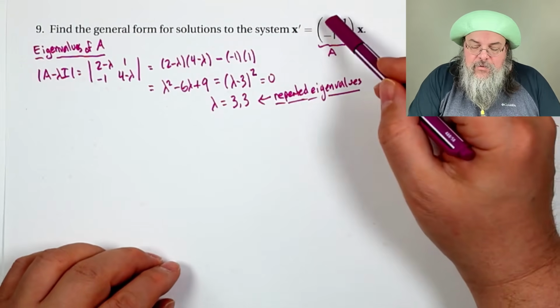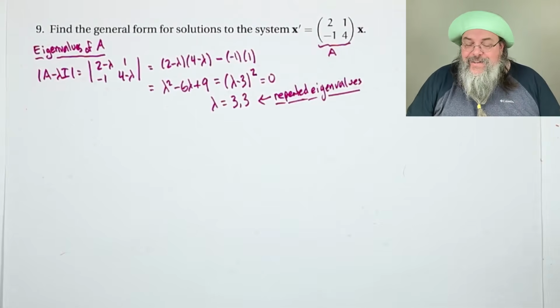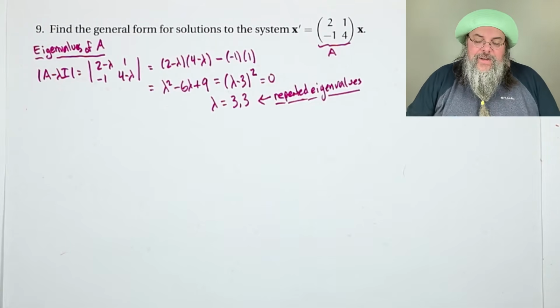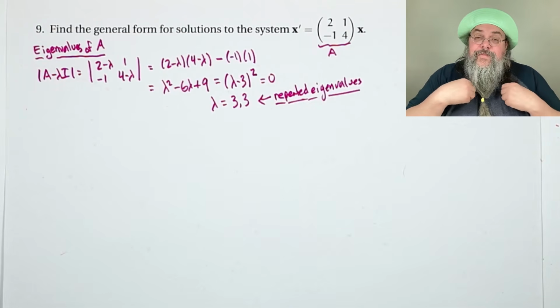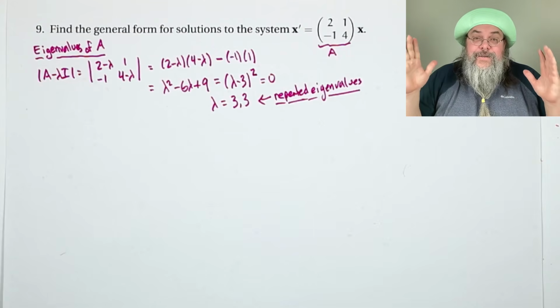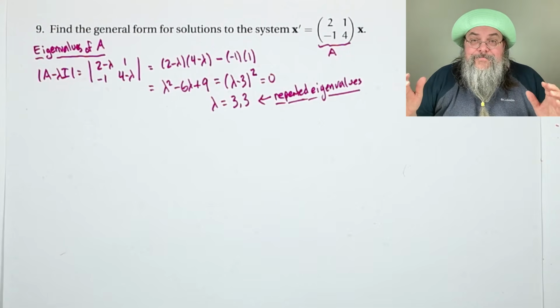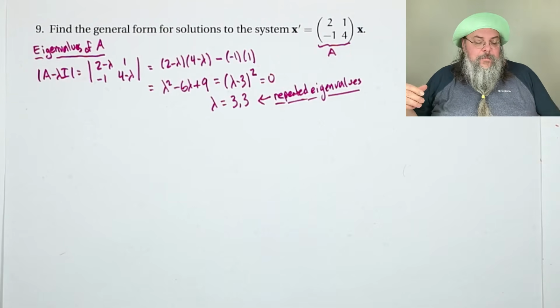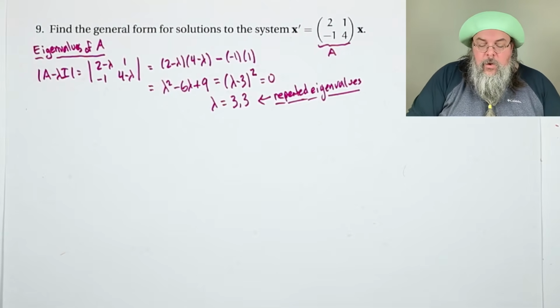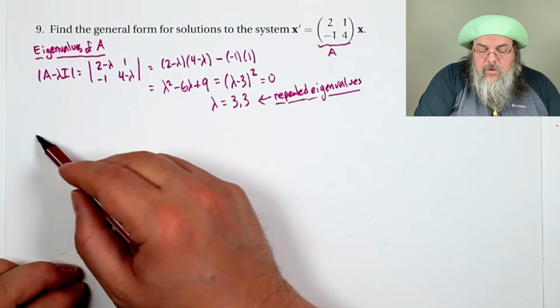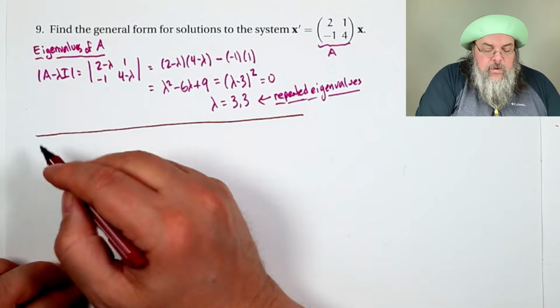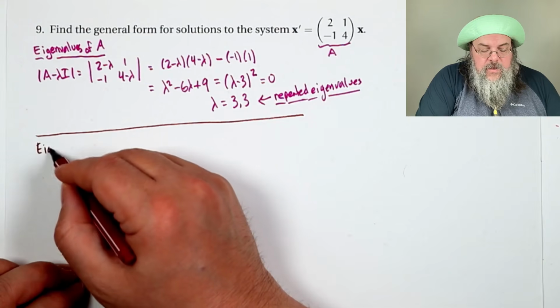Boring matrix would be 3, 3. That would be a boring matrix. This is not a boring matrix. That says we have troubles, my friend. Okay, so let's see what I mean by that. So, let's start with an eigenvector.